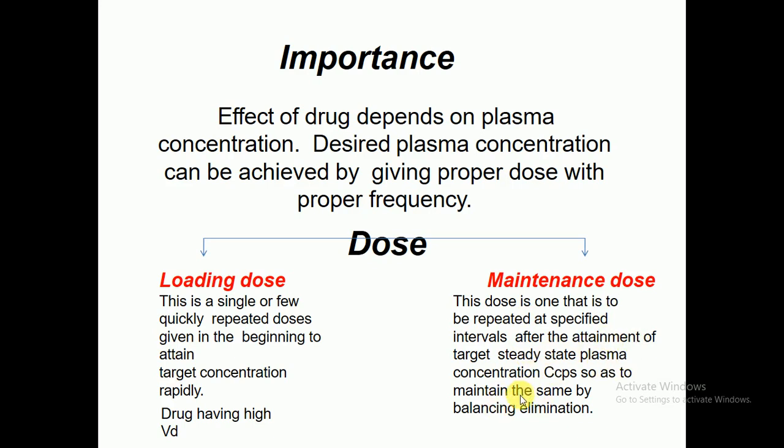In maintenance dose, whenever we administer a drug, the rate of administration will be equal to the rate of elimination, meaning the rate of influx will be equal to the rate of efflux, so as to maintain the same by balancing the elimination. So this point is clear.